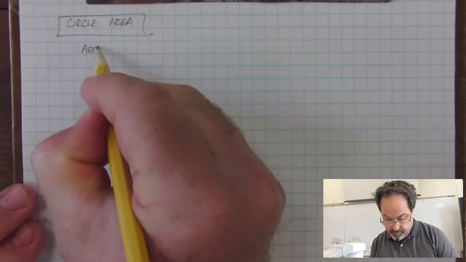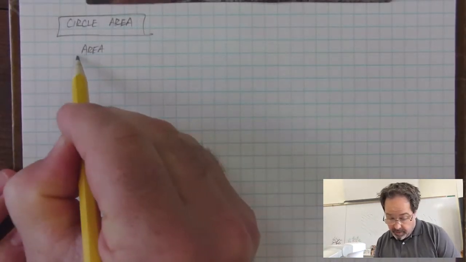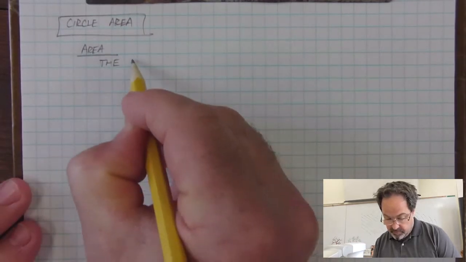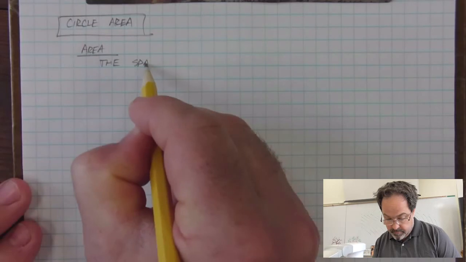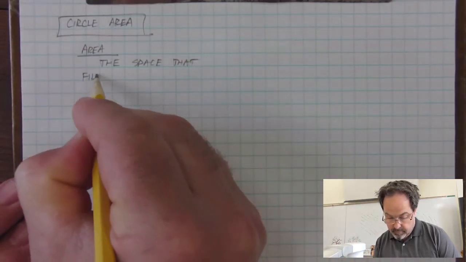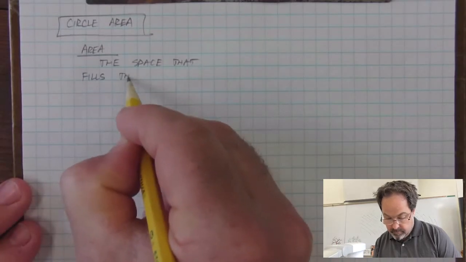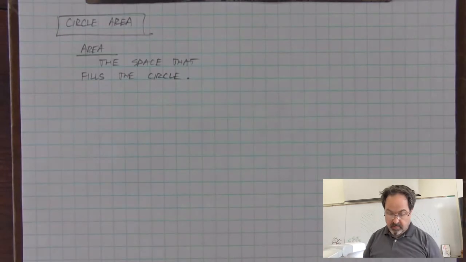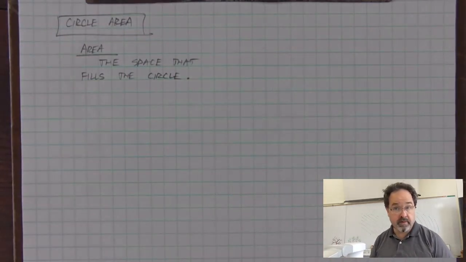The area of a circle, or any shape, is the space that fills the circle. There's a formula to calculate the area of a circle.